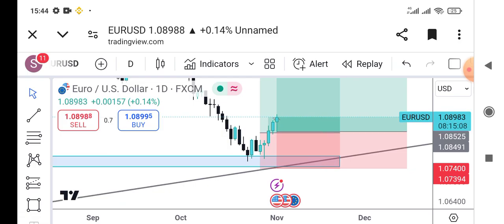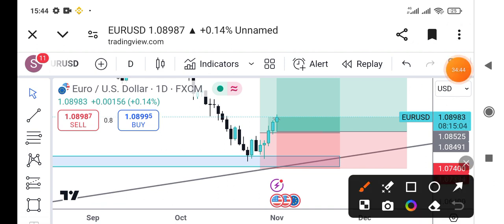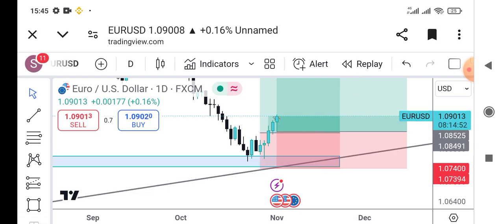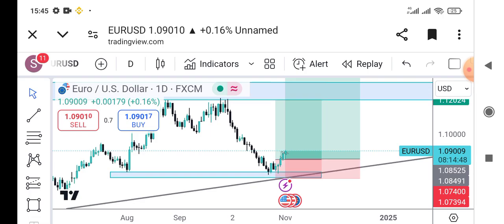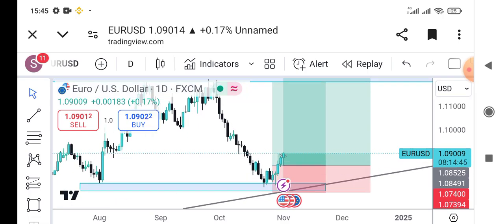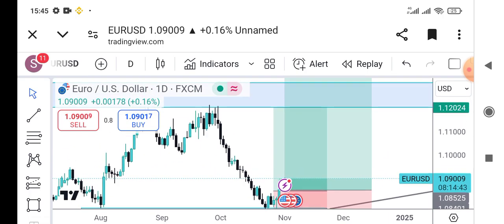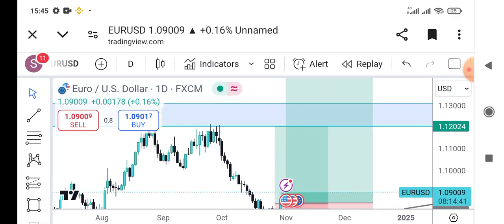But I still expect this market to come back to do some correction before we move. So if you compare the ratio of what you are going to earn from this market compared to the stop loss, then it is worth it.